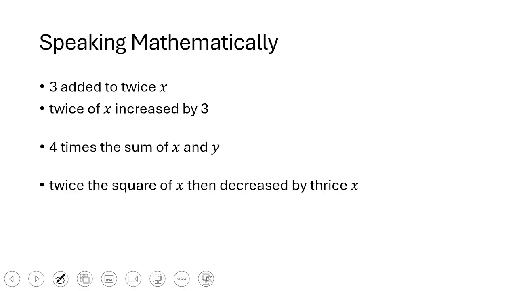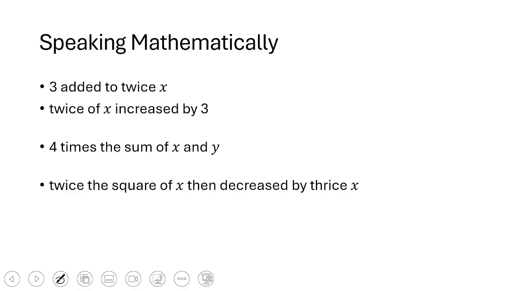All right, now I will be presenting to you phrases, and later on we'll have sentences in English, and then we would be converting these into mathematical expressions. So the first one, we have 3 added to twice x, or we also have twice x increased by 3.